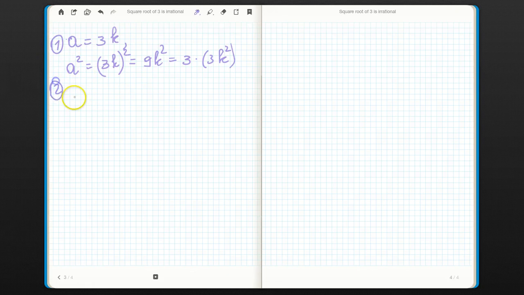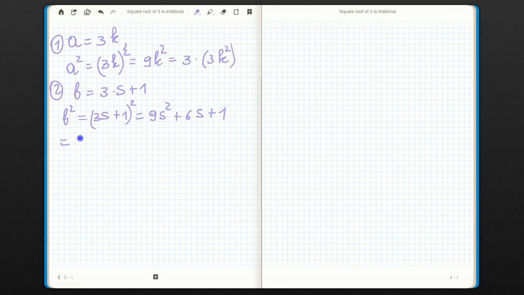For the second, we had b equals 3 times s plus 1. If I square b, 3s plus 1 squared, and use the binomial formulas, we have 9s squared plus 6s plus 1, which I can write as 3 times (3s squared plus 2s) plus 1.